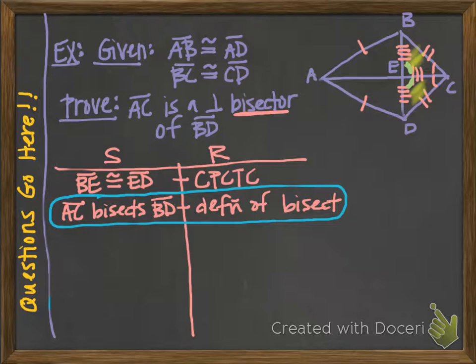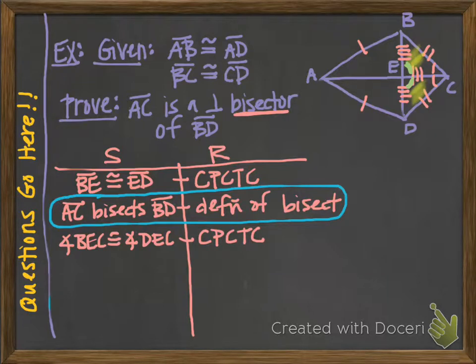So we can say angle BEC is congruent to angle DEC, and that's just by CPCTC as well.